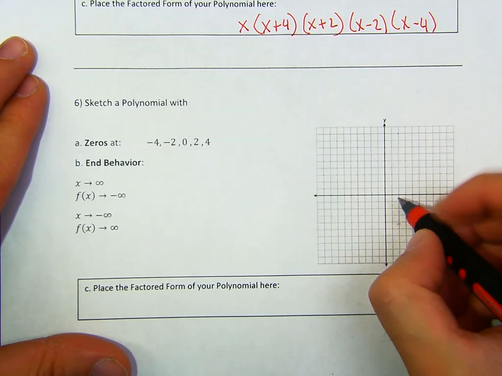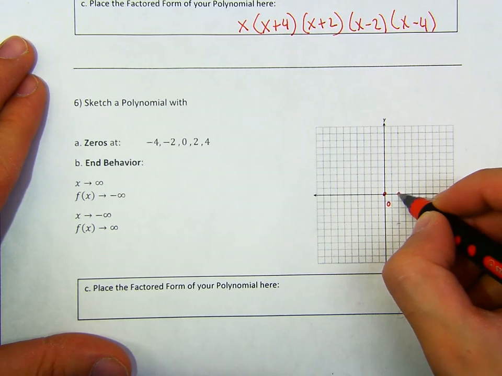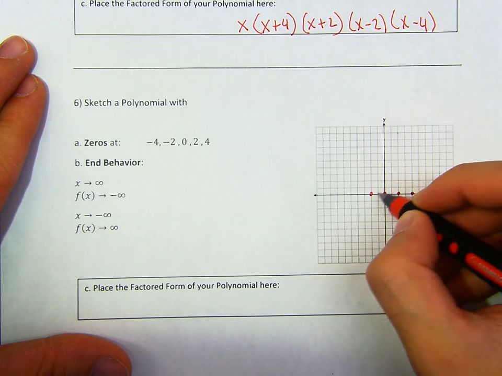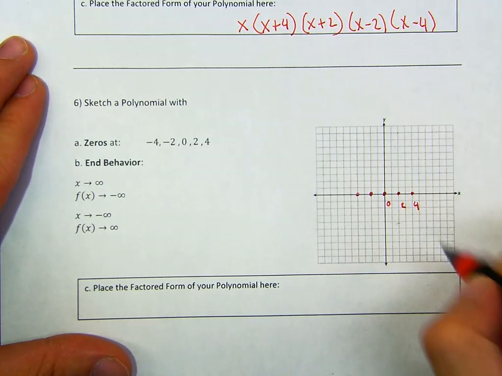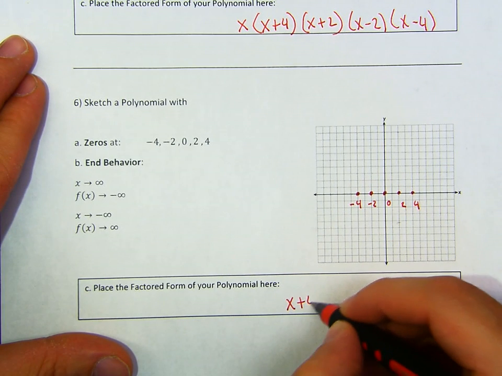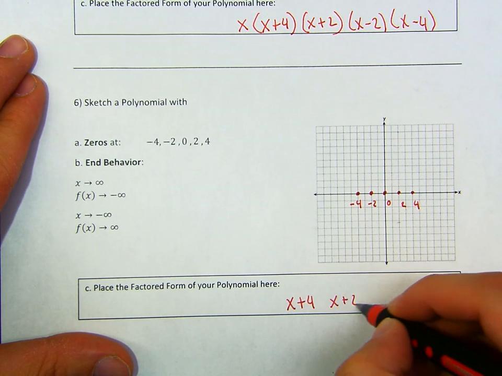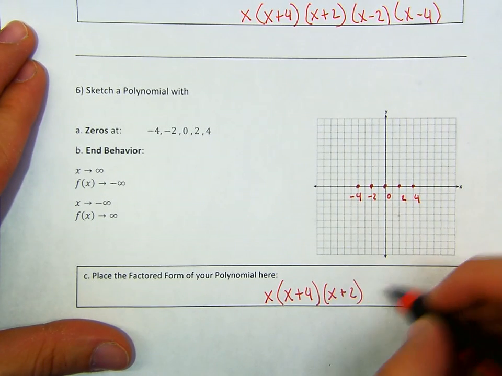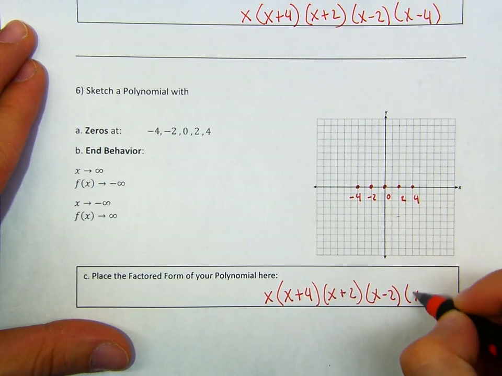How do you do the next one? So this is 0, 2, 4, and then negative 2, negative 4. So then it's the same idea: x plus 4, x plus 2, and this is x, this is x minus 2, and this is x minus 4.